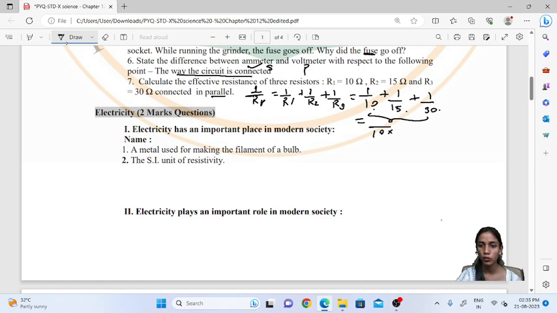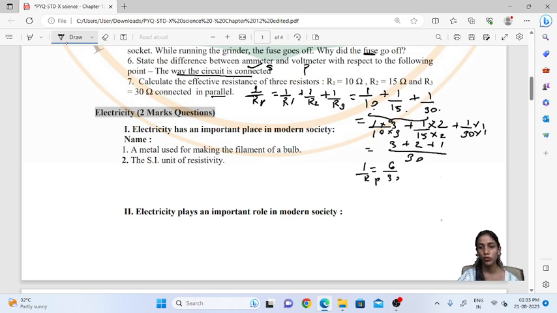So 1 into 3 plus 1 into 2 plus 1 into 1, upon the denominator 30. So this will be equals to 3 plus 2 plus 1 upon 30. Okay, so this will be 6 upon 30. So we have 1 upon Rp equals 6 upon 30.